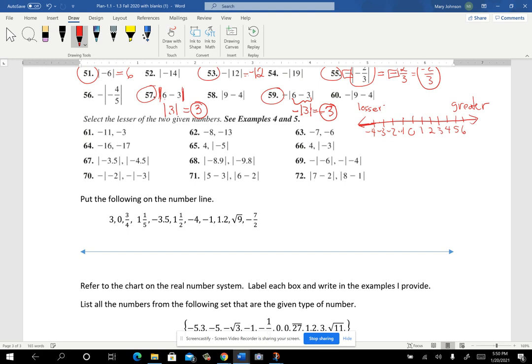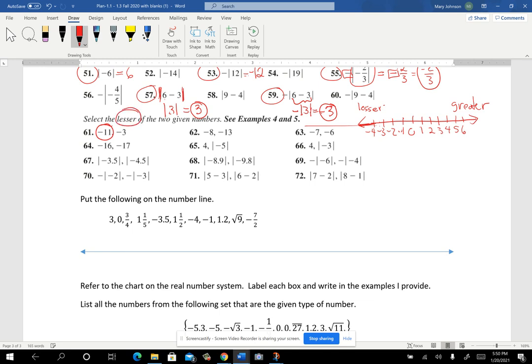But you see how -11 would be further to the left if you thought about it? Here would be -3, -11 would be way out there. So it would be more negative. So it would be the lesser of the 2. Let's circle the lesser of the 2.